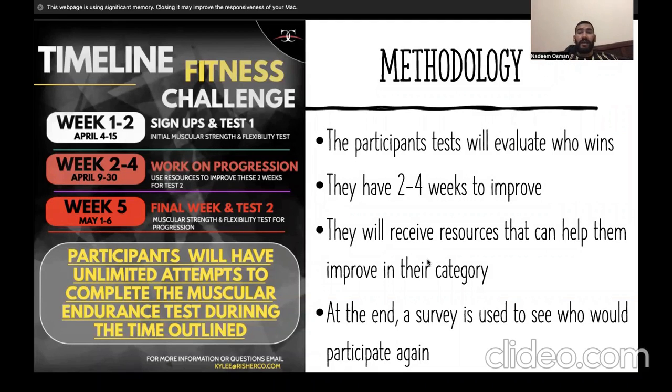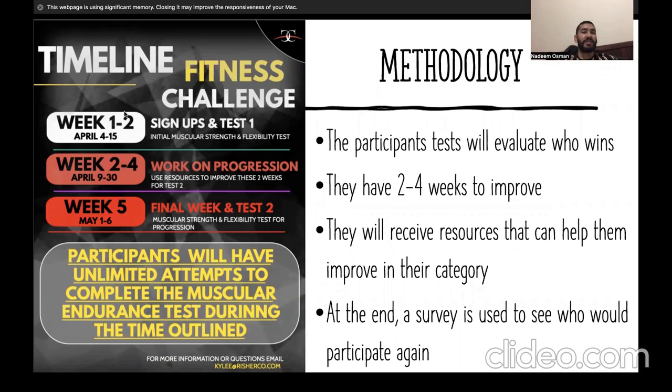And towards the end of these challenges, I gave out surveys to see who would participate again and how much they enjoyed this challenge that was provided to them.